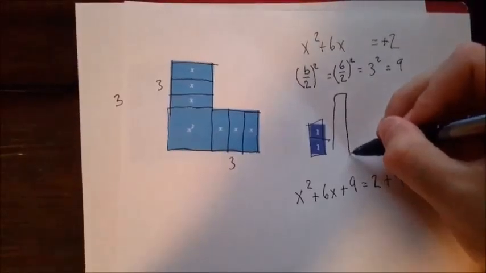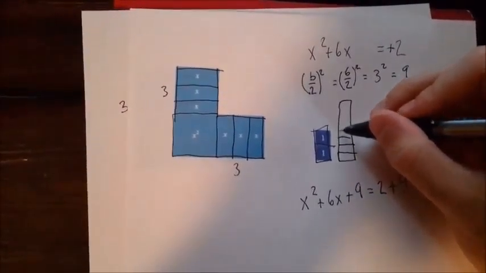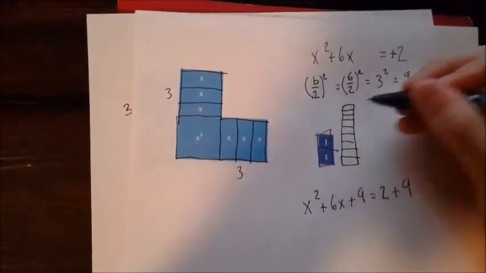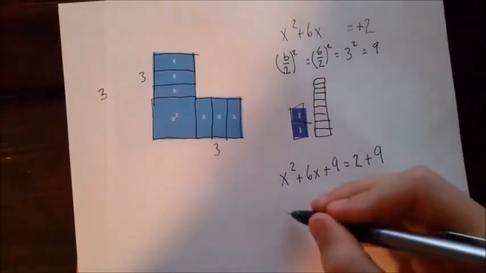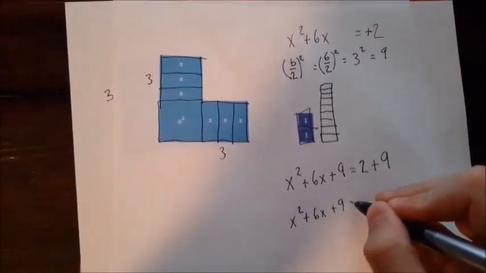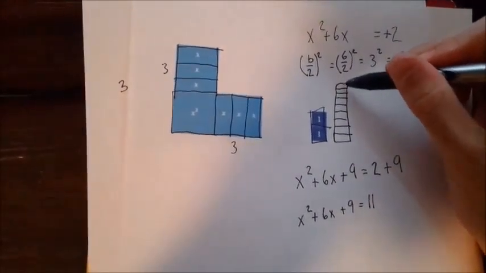Thus we add 9 tiles over here. 1, 2, 3, 4, 5, 6, 7, 8, and 9 tiles. We get x squared plus 6x plus 9 is equal to 11 this time, because we have 11 positive tiles right here.